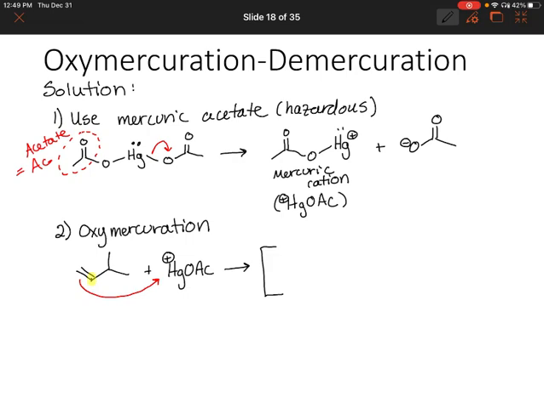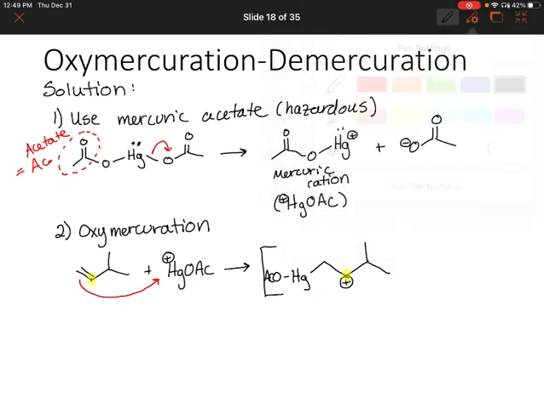So I'm going to put brackets around this. Okay, so we end up with a positive charge on the highlighted carbon.